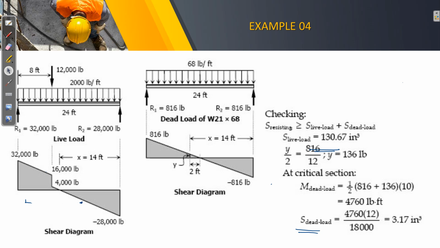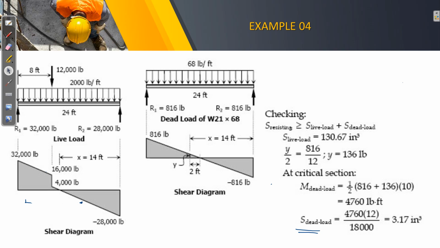And then again, the first thing to check is the S. So S is already determined, 130.67, and then we get Y here. Okay, so a while ago we were dealing with the dead load of that member. So this time this is the dead load of the newly selected member, W21 by 68.